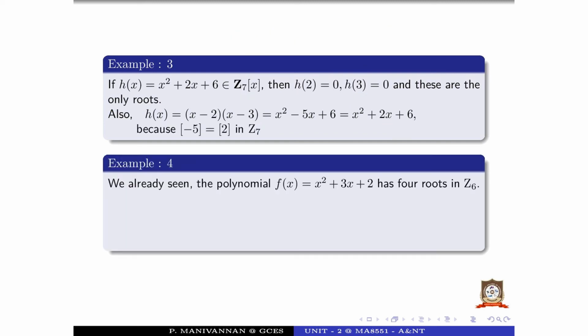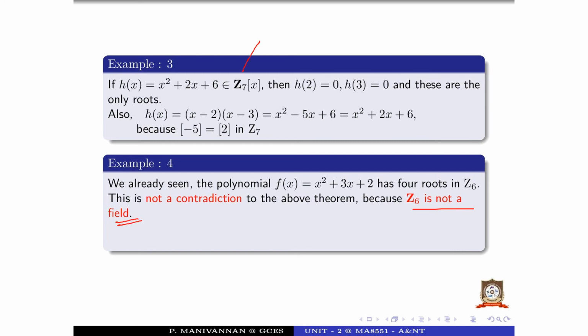Here it is 2. We already saw that the polynomial x squared plus 3x plus 2 has 4 roots in Z6. It is not a contradiction to the above theorem, since Z6 is not a field, whereas Z7 is a field. A field has at most n roots, but a ring that is not a field can have many roots, up to 6.